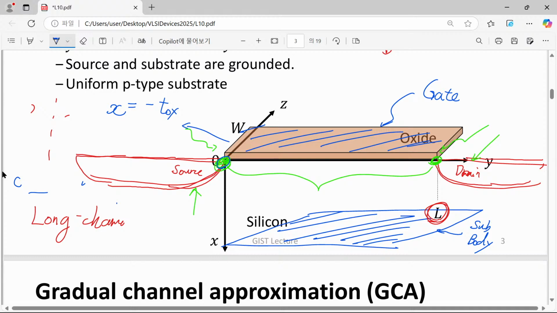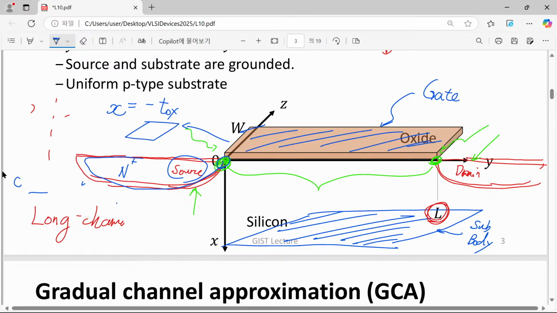Yes, the source is so highly doped as N plus, like 10 to the 20 per cubic centimeter, 10 to the 21 per cubic centimeter. So here we have a really high conductivity, and there is no voltage drop between the external contact.